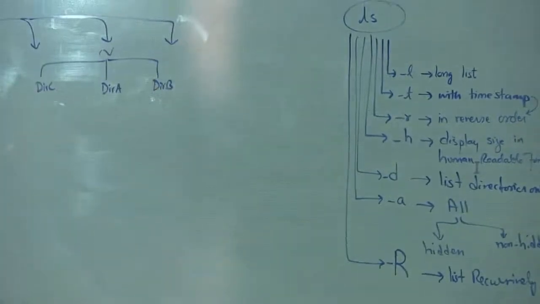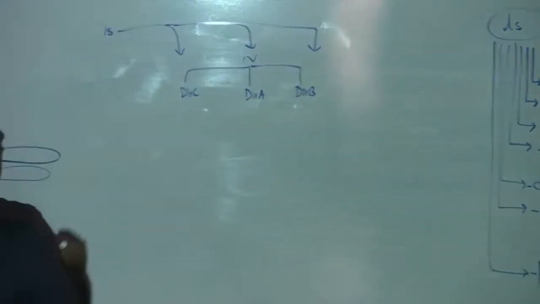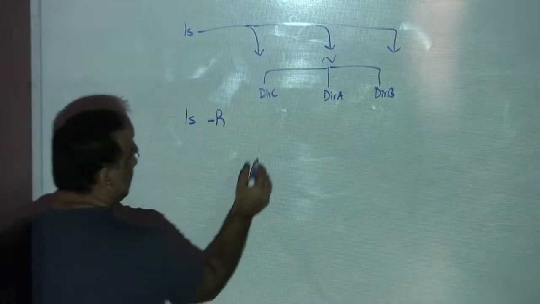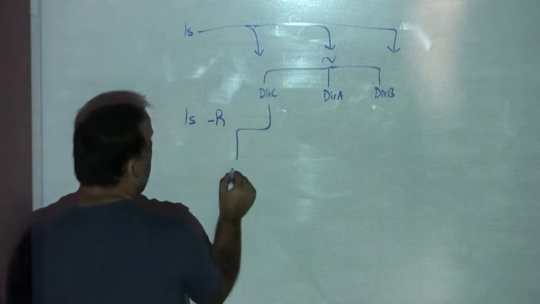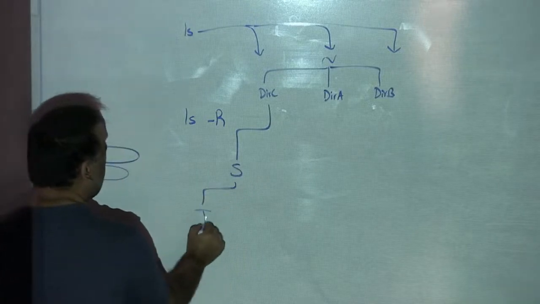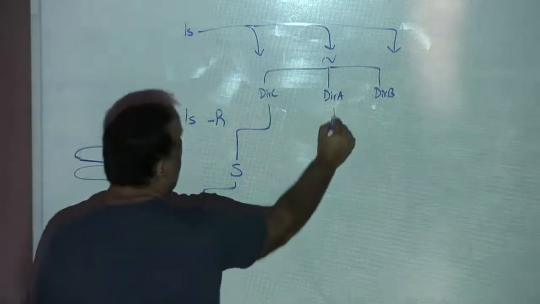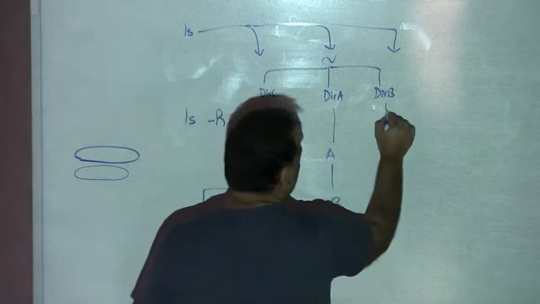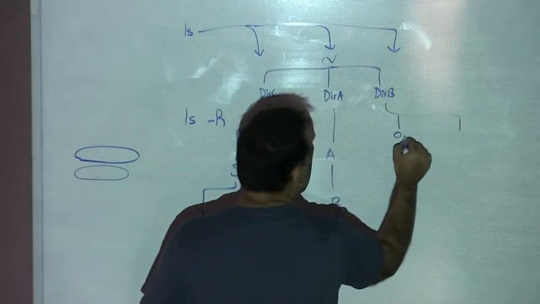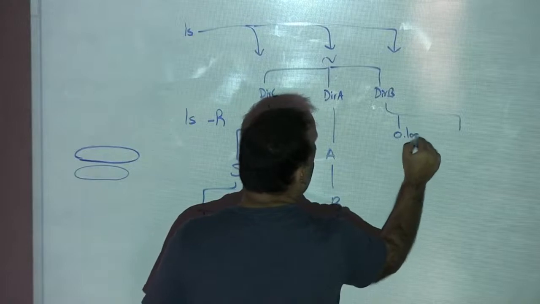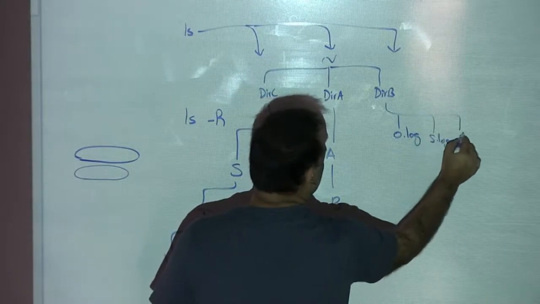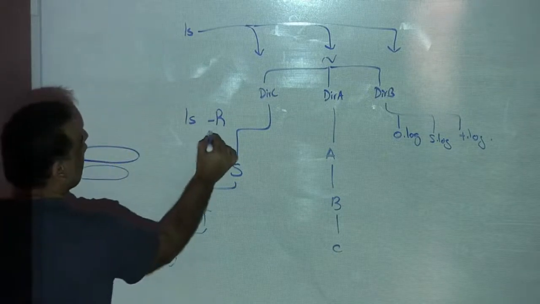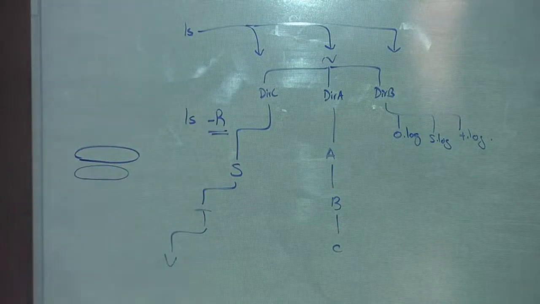But if I type in ls -R, then whatever this directory has, so let's say this directory has S, T, U, and this one has A, B, C, this one has just a bunch of files, o.log, s.log, t.log. It will list everything. Why? Because I said list me recursively.